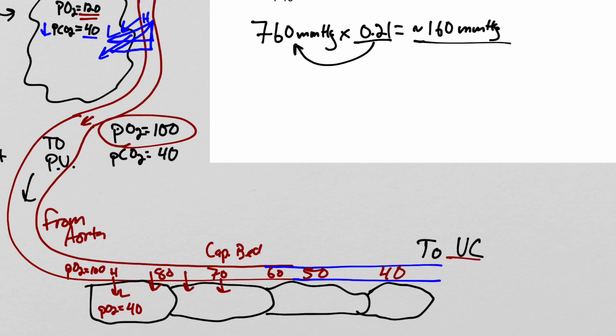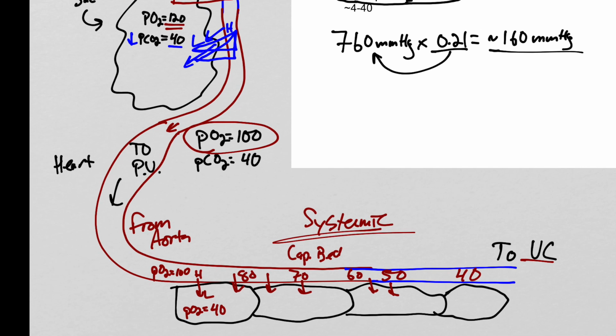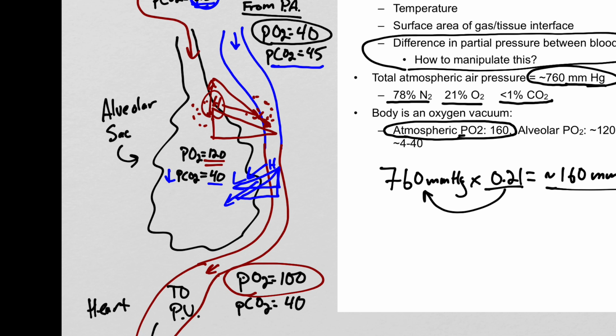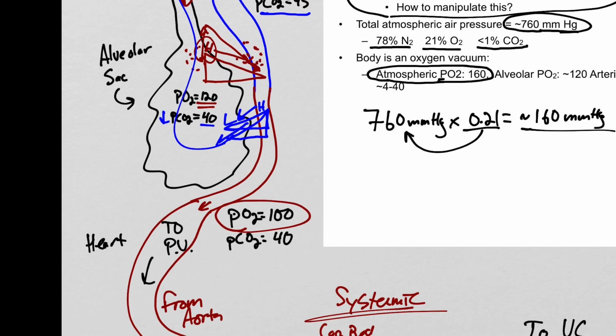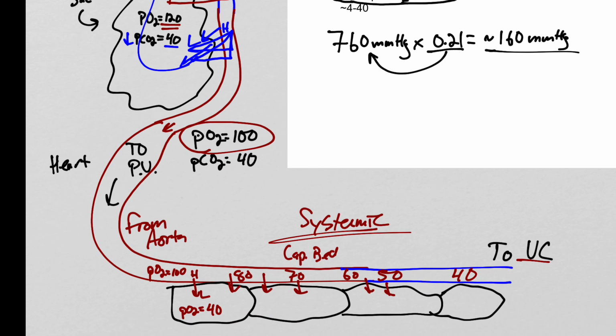And so there's always going to be gas diffusion in tissues. If you are anywhere in the systemic circuit, it's going to look like this: oxygen leaving. If you're in the pulmonary circuit in the lungs, oxygen entering. Same concept for CO2. Back at the lungs, CO2 left the blood, entered the alveoli because we're breathing it out. In these cells, they're making CO2.